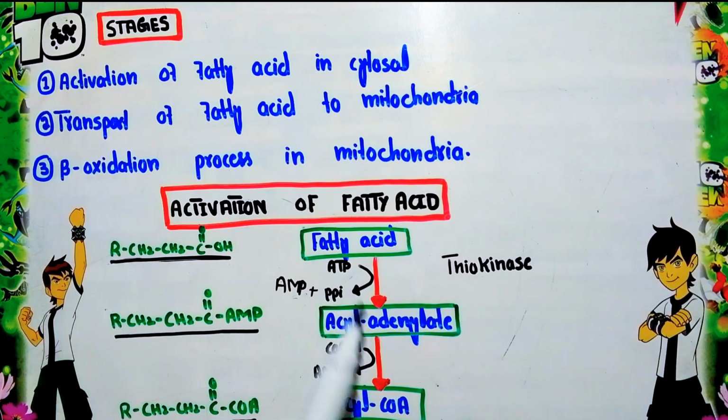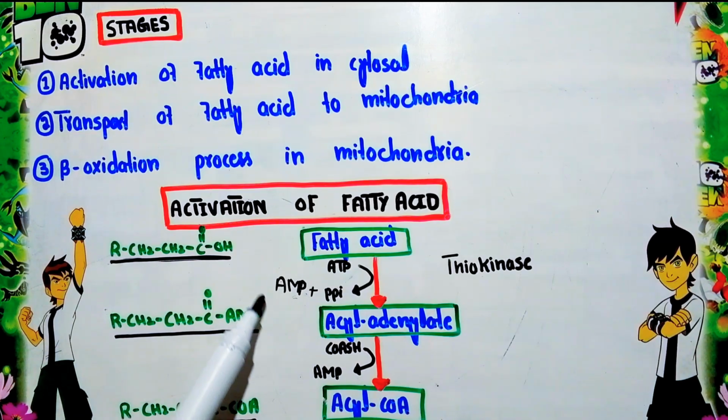After the attachment of the coenzyme A group, the acyl adenylate is converted into acyl coenzyme A. This acyl coenzyme A is called the activated fatty acid. So finally, this is the structure of acyl coenzyme A. This activated fatty acid, acyl coenzyme A, is transported across the mitochondrial membranes.